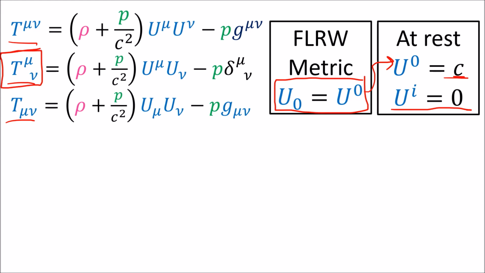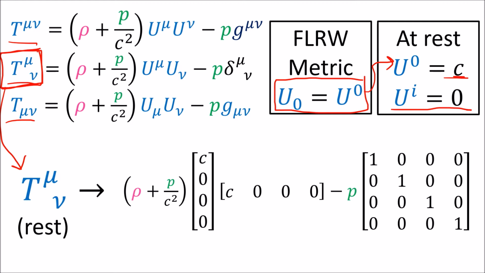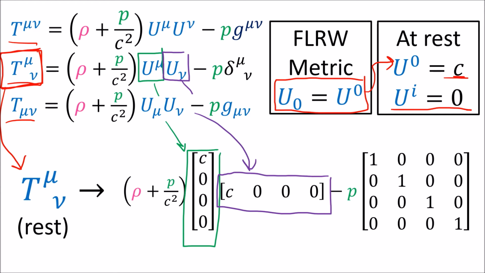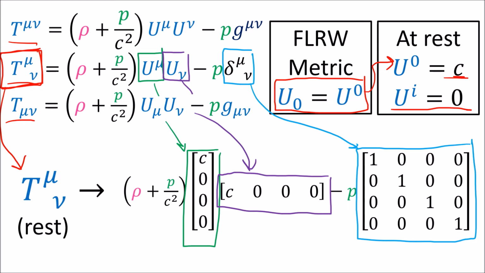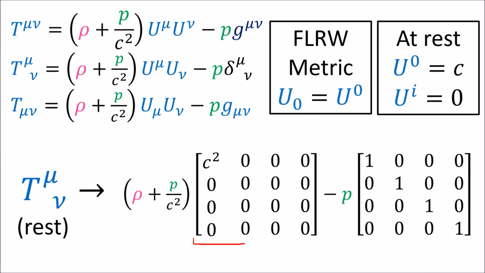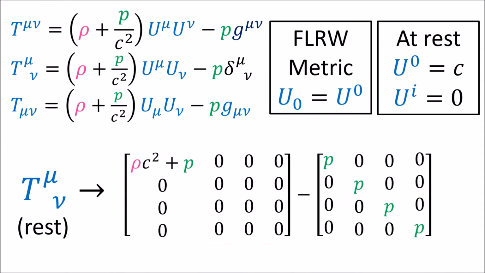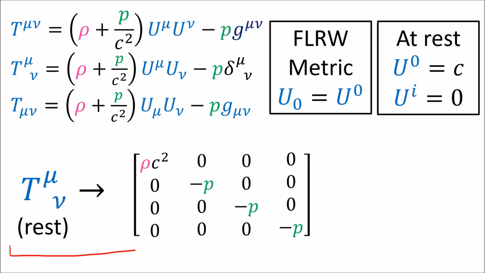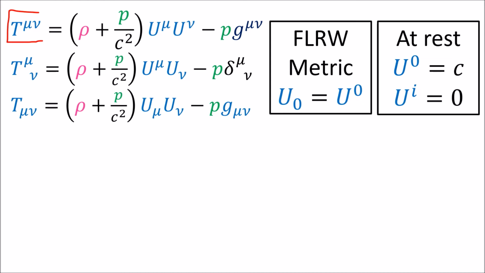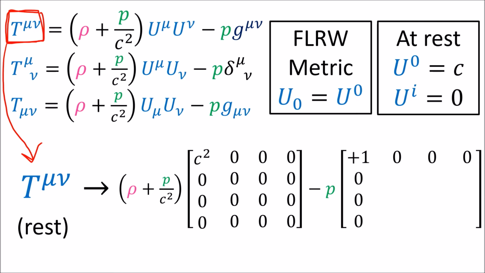So if we look at the EM tensor with one upper and one lower index, also called mixed indices, in the rest frame, both U vectors look like this, and the identity matrix looks like this. So we can multiply these, distribute, and then add the matrices together to get this result. For the EM tensor with upper indices, we get a similar formula, except we use the inverse FLRW metric, where the 0,0 component is +1, as we said before.